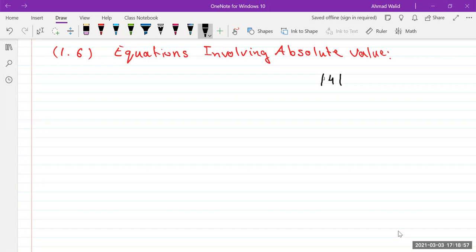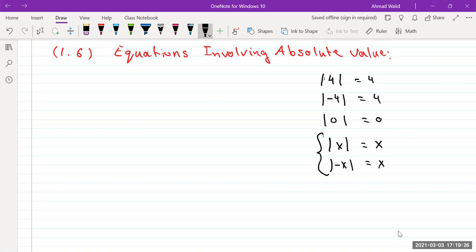Then I can say the absolute value of 4 is positive 4. The absolute value of negative 4 is also 4. The absolute value of 0 is 0. In general, the absolute value of x can be positive x, or the absolute value of negative x is also x, correct?